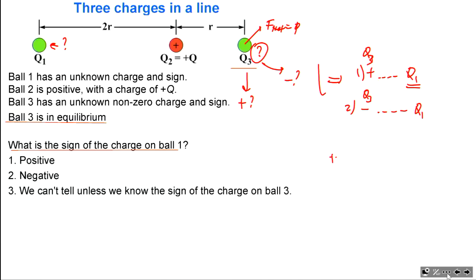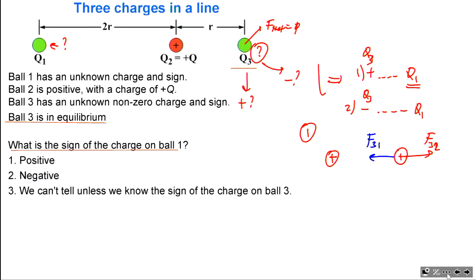So let's say the third charge is positive. It means that charge number 2 repels it, which means the force acting on the charge number 3 from the charge number 2 points to the right. In order to cancel it out, to make net force to be 0, the force acting on the charge number 3 from the charge number 1 must point to the left.